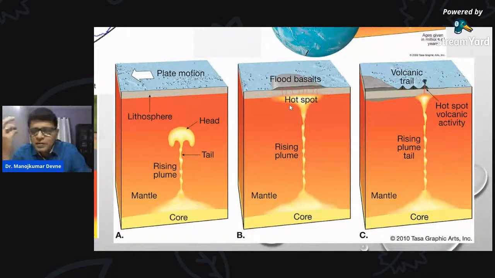Once it finds a vent to come up to the surface, it continuously keeps on coming. At times, it is supplied by magma from the core. At times, it is cut off, and then eventually it dies. But before it dies, it has erupted, I would say, billions of tons of lava onto the surface.